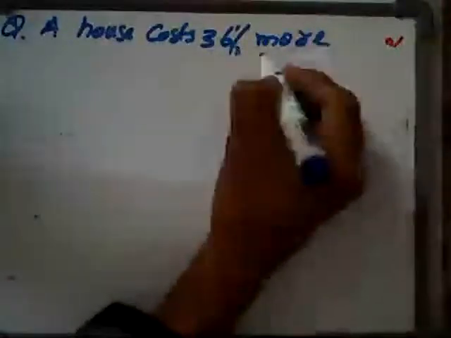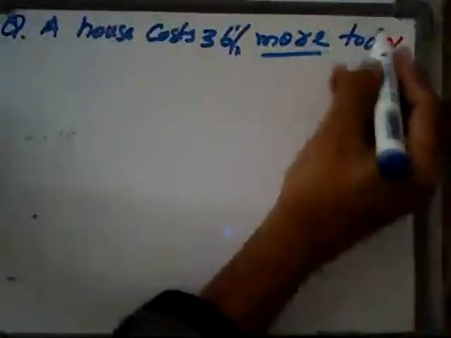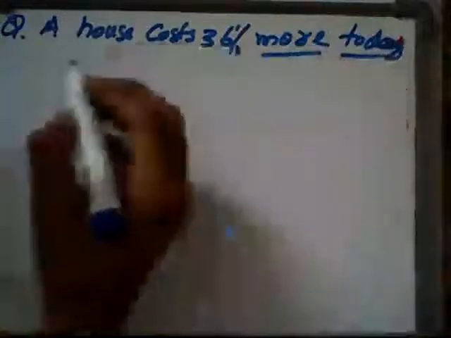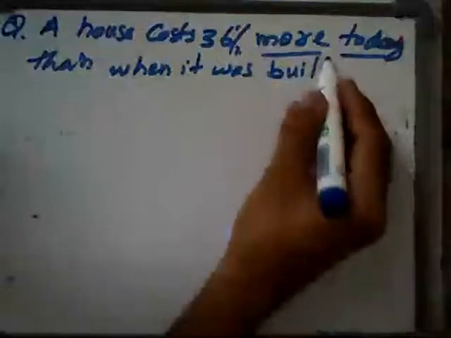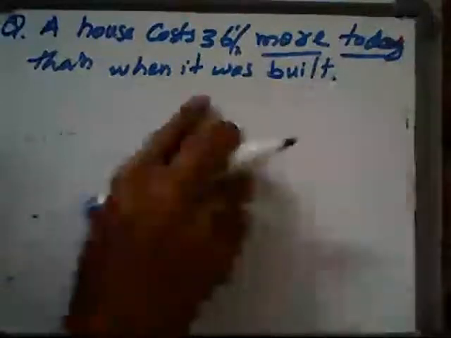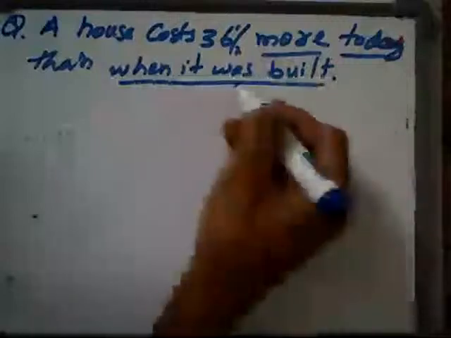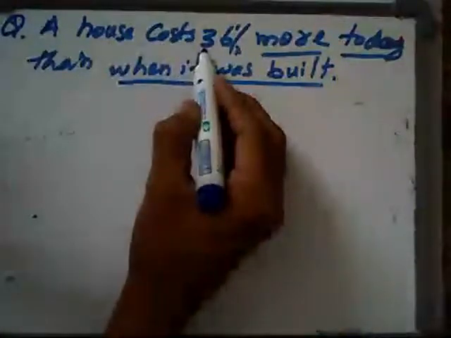Remember the keyword more, and this is today, means the next one, then was built. So it means when it was built, it was 100%, and now cost 36% more.